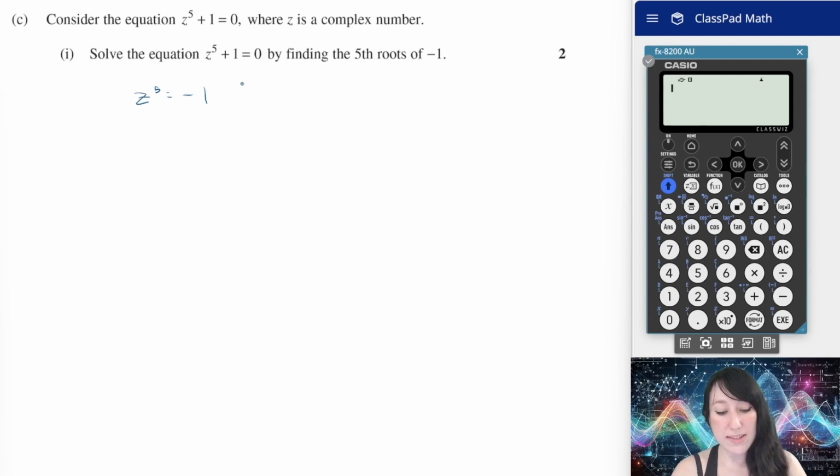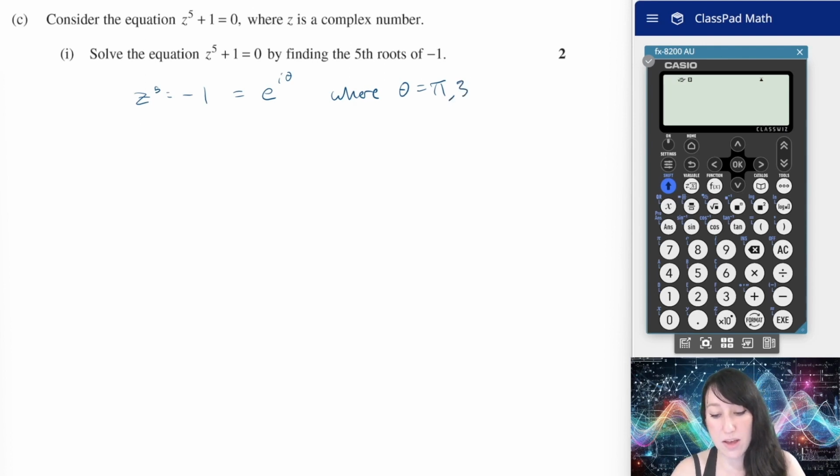We're going to express -1 as a complex number in polar or exponential form. Now, of course, -1 has an argument of pi. But so we can get all 5 roots, we get 5 equivalent arguments by adding 2 pi to this 4 more times to generate 5 equivalent expressions for -1.